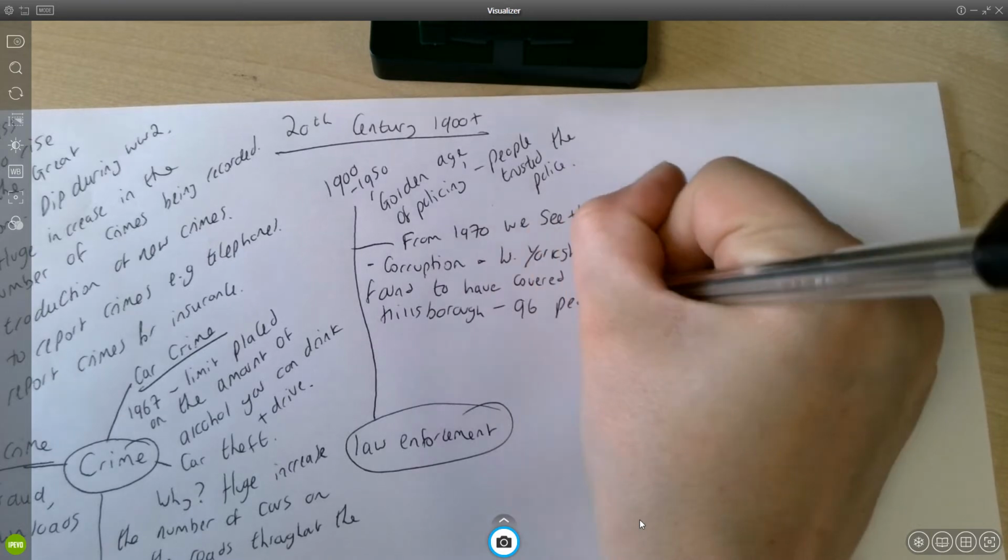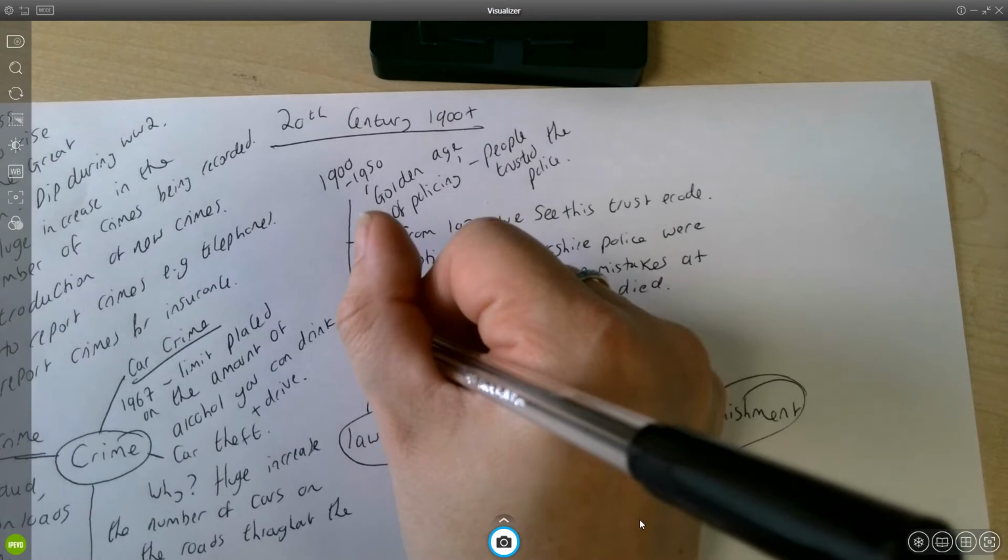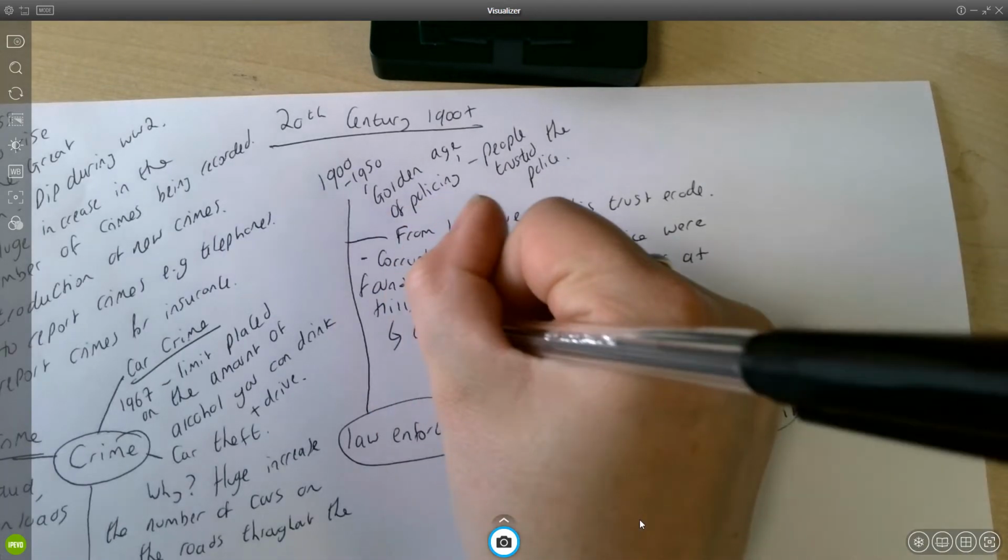There's also been issues surrounding crowd control.